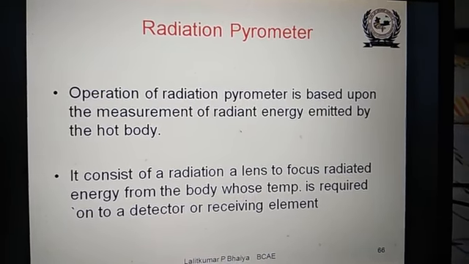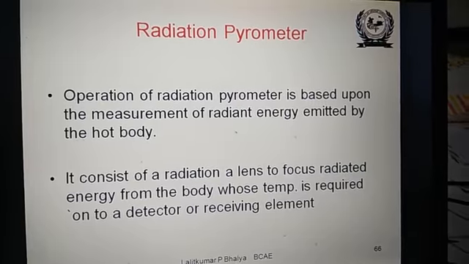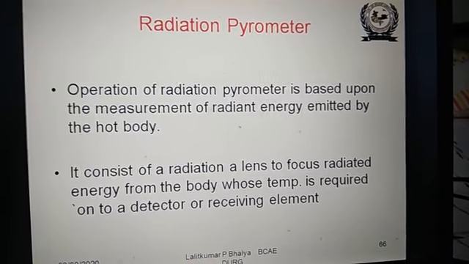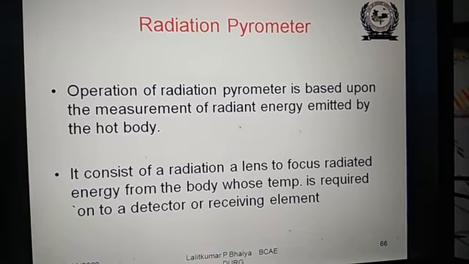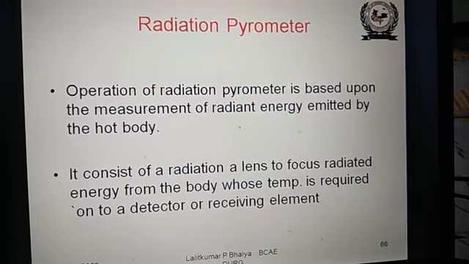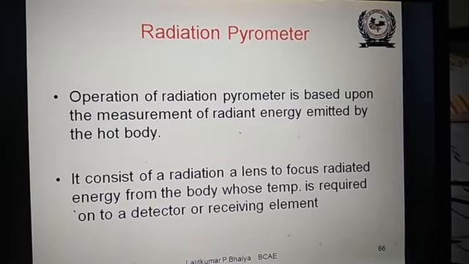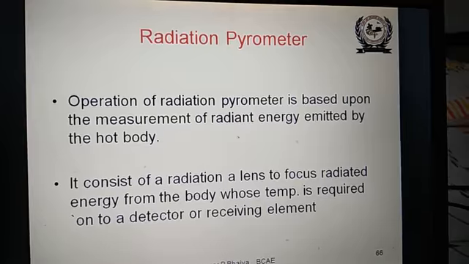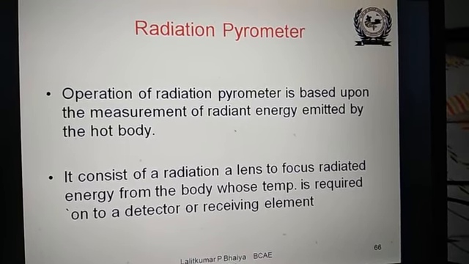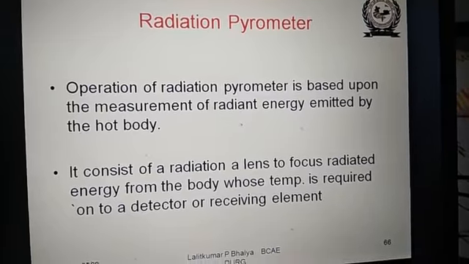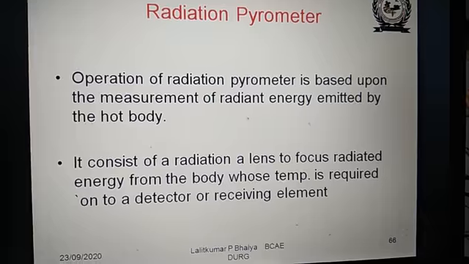Radiation pyrometers. Operation of a radiation pyrometer is based upon the measurement of radiant energy emitted by the hot body. So the hot body whose temperature is to be measured will produce the radiant energy, and the pyrometer reading is based on this radiant energy.